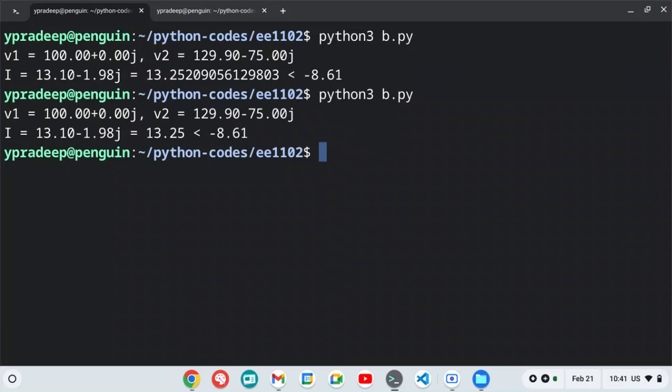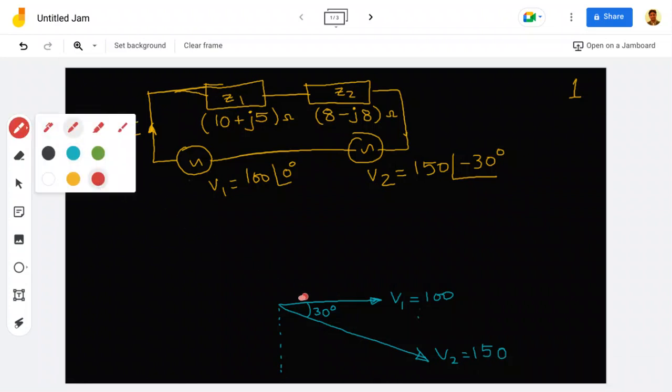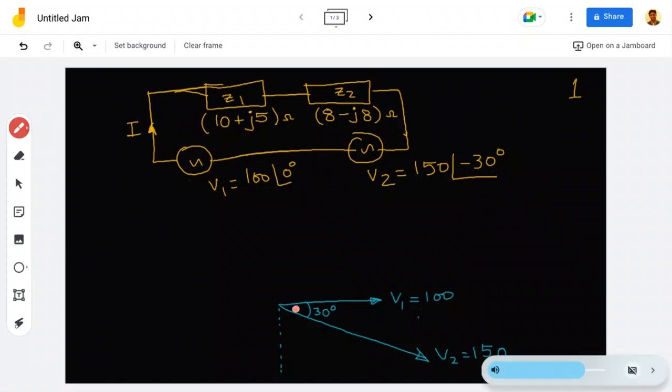So now I will draw this in our phasor diagram. Okay. So for current, let me use red color. Now I can use a different scale for currents and voltages.